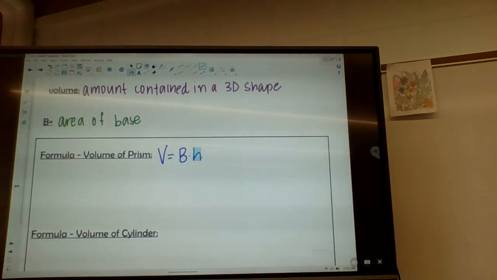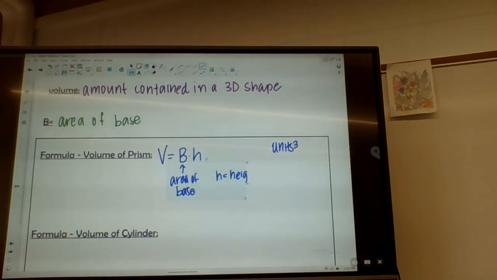So our formula for the volume of our prism is capital B times H. Remember, it's units to the 3rd power, and because this is the area of the base, and then obviously h is the height of the prism.